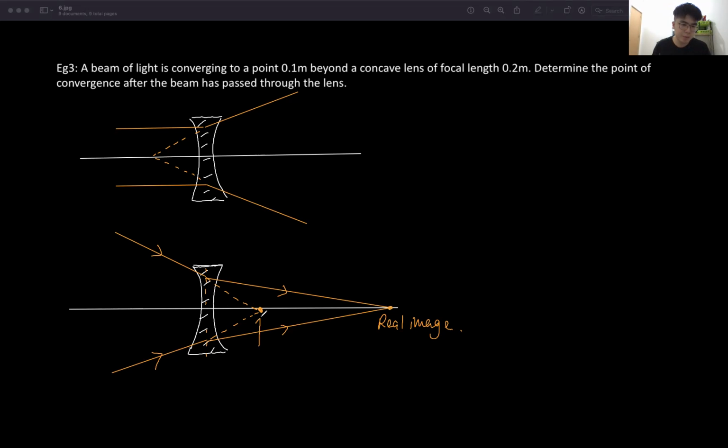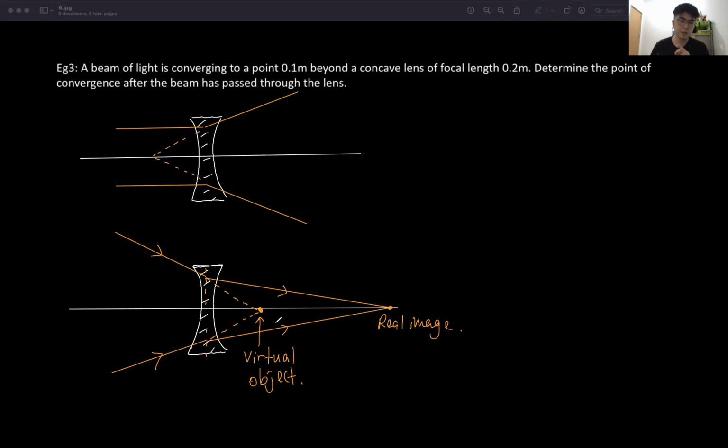This is the object position. But in this case, we call it a virtual object, because the object is not physically there. But because the light is coming towards that point, we regard that point as our virtual object.